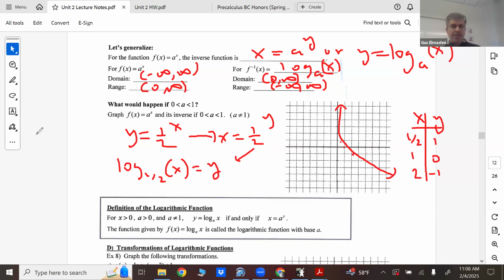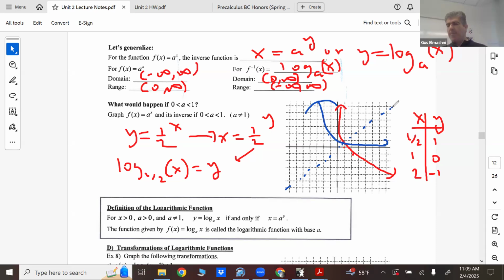And that's because if I were to reverse it, if I did 1/2 to the x, see how y equals x goes to the middle of that again?